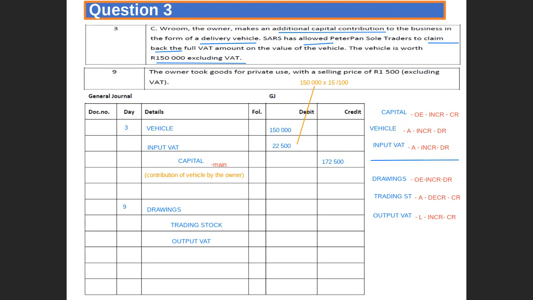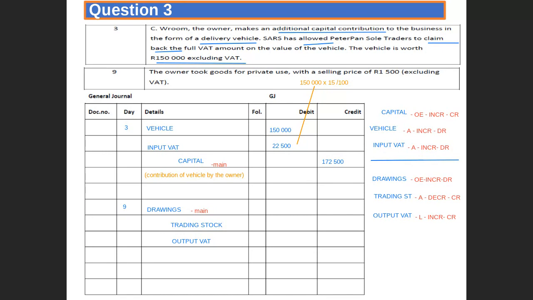Now, which account is the main account? According to you, which account is the main account? The main account, and you know why we see the main account, because it will help us. The drawings is the main account. So they gave us 1,500.